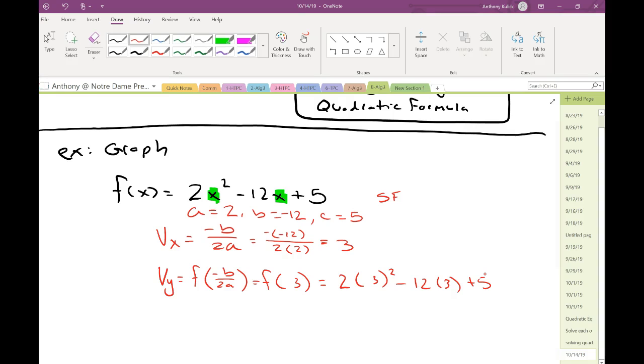Okay. So 2 times 3 squared is 18. Minus 12 times 3 is 36. 18 minus 36 is negative 18. And then plus 5 more is negative 13.